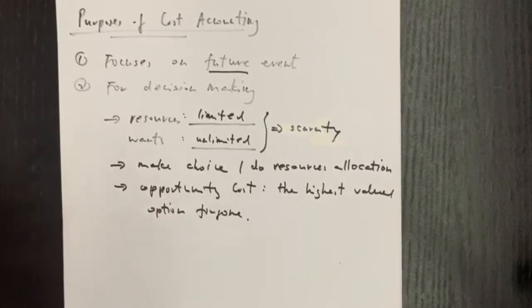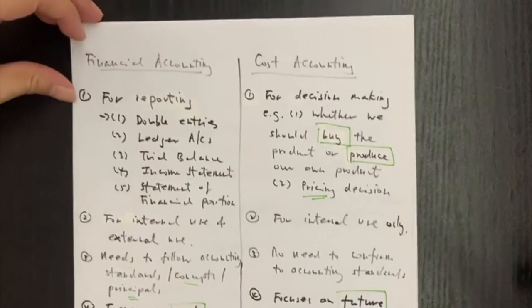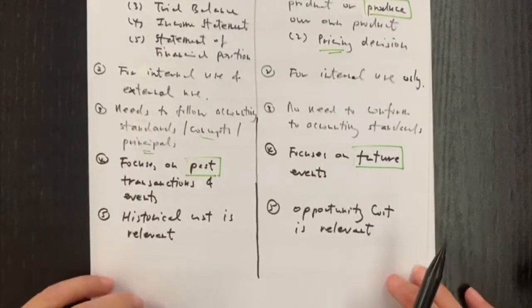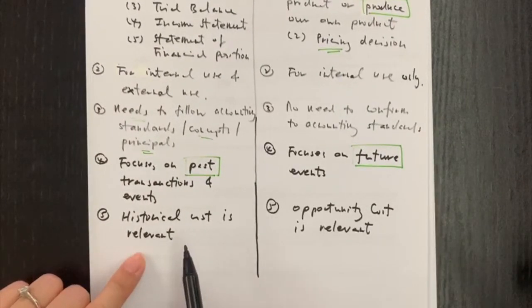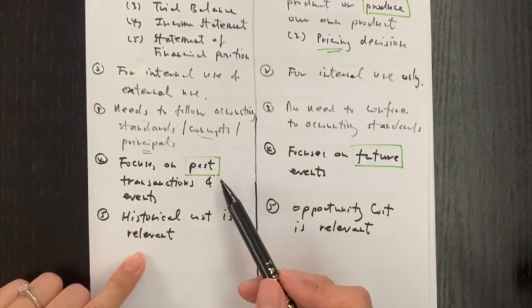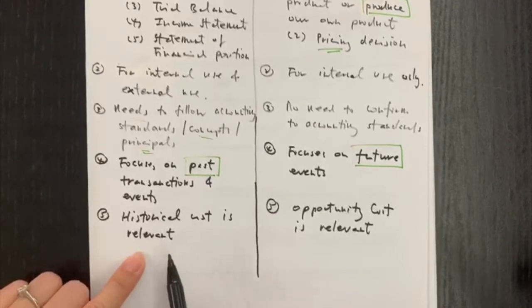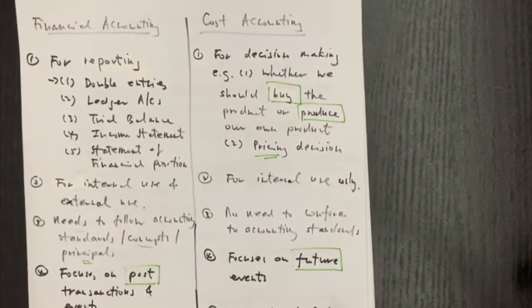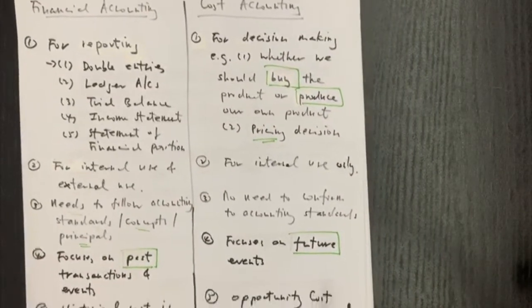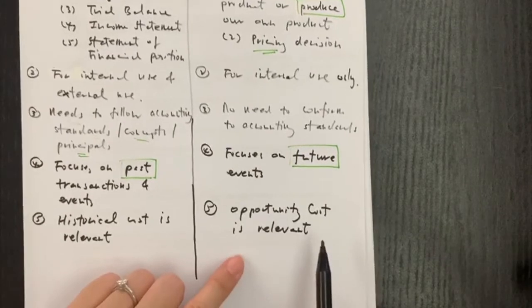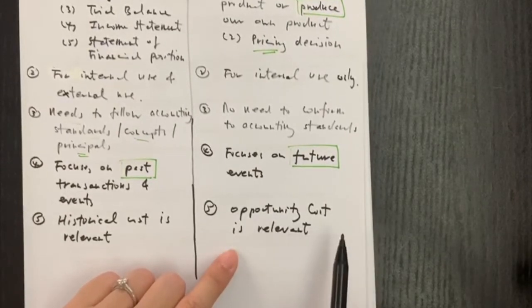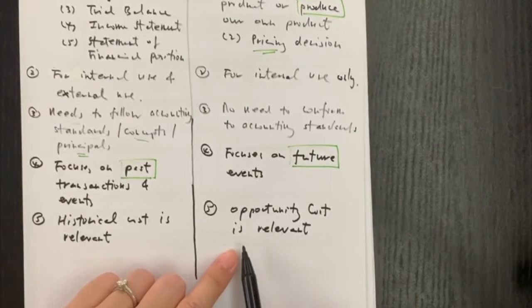So therefore we have the last difference between financial accounting and cost accounting, which is since financial accounting is related to past events, historical cost is relevant to financial accounting instead of opportunity costs. But however, for cost accounting, since we have to make choices, opportunity costs, the highest value option foregone, is relevant to cost accounting.